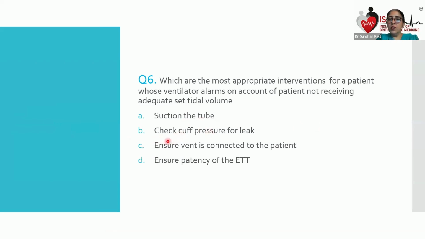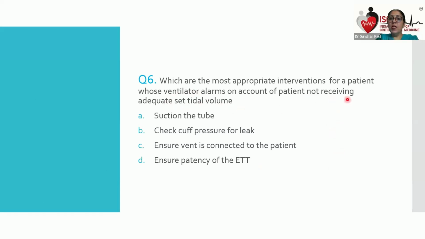Suction the tube, check the cuff pressure for leak, ensure the ventilator is connected to the patient, ensure patency of the endotracheal tube. So if the patient is not getting the set tidal volume, the most... Any answers? No answers till now.